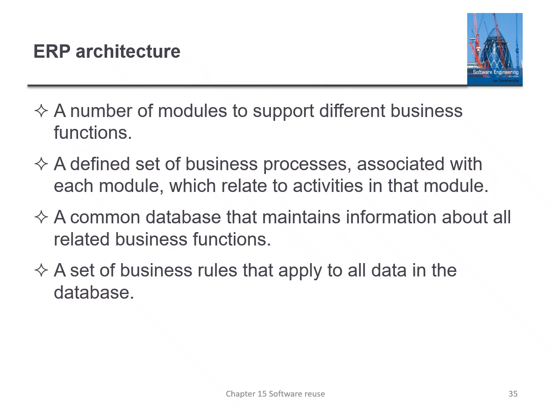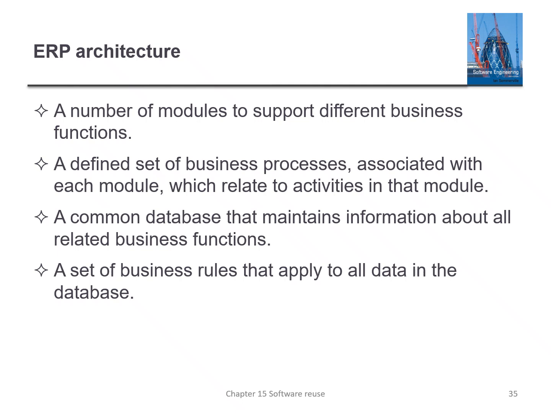For the ERP architecture, a number of modules need to be defined that support the business functionalities. A set of business processes specific to the organization can be identified so that it can be customized a bit. A common database that maintains information about the related business functions is included in the architecture.